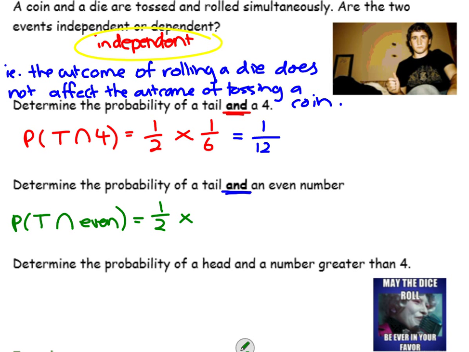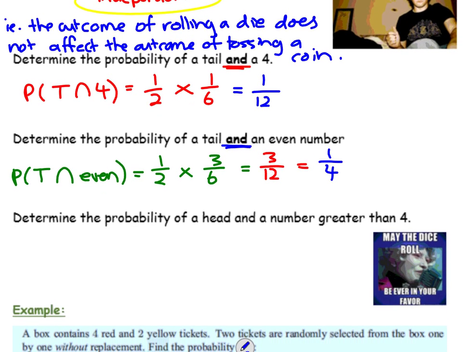Even numbers, there's 3 even numbers on a die, 2, 4 and 6. So it's 3 in 6. You might have said 1 in 2, that's also okay. 3 in 6 chance of getting an even. Multiply the numerators, you get 3. Multiply the denominators, you get 12. But you can simplify that fraction. The top and bottom can be divided by 3, which gives you 1 in 4.